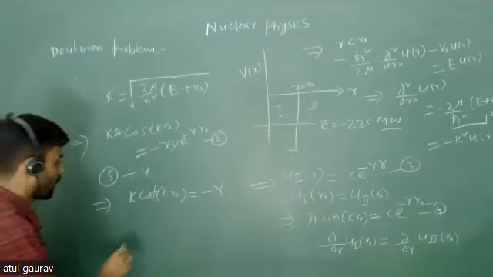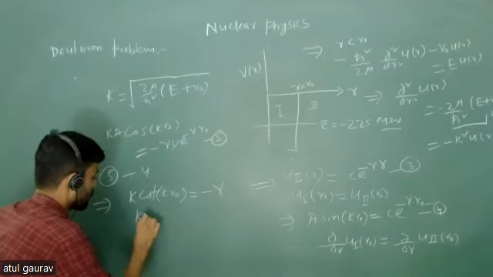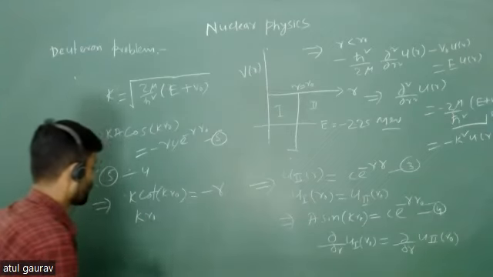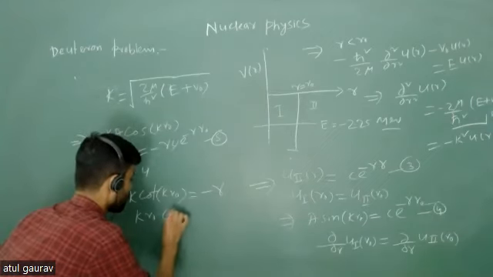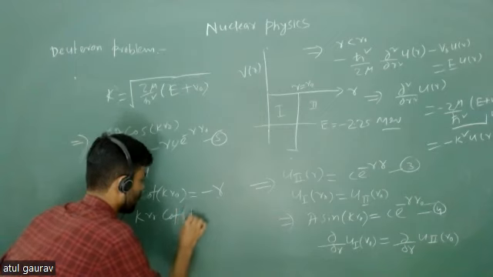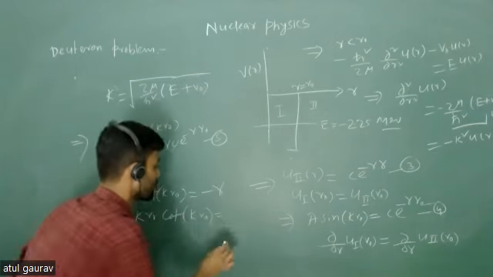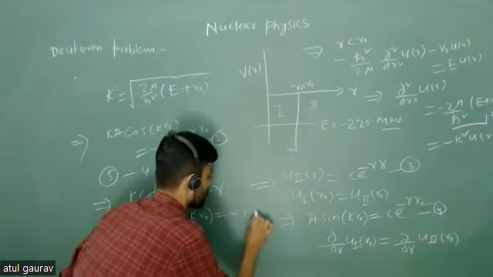Now if you multiply it by r0, it will give you k r0 cot(k r0) equals minus gamma r0.